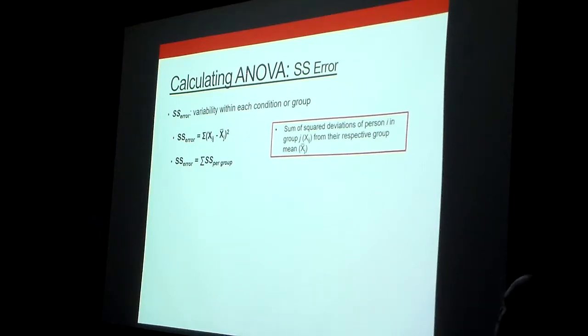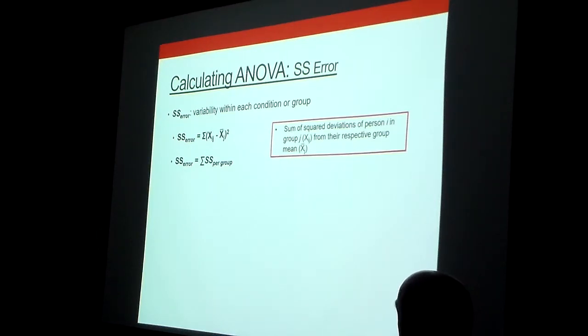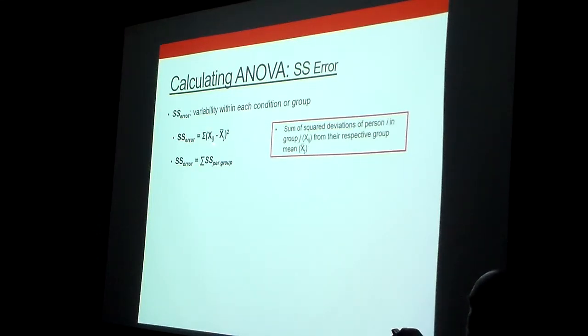Sum of squares error, this is going to be our within group variability. Okay. Conceptual formula, your sum of squares error is going to be the sum of the score of individual i in group j minus the mean of that condition. Okay?